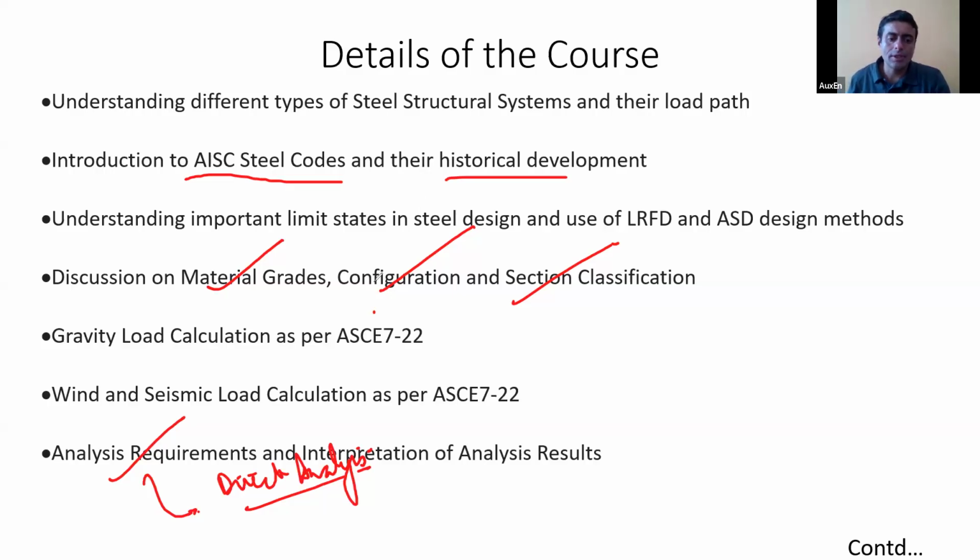So all that comes under the direct analysis. So we'll be seeing this also. And it's quite interesting if you read the commentary for direct analysis given in the AISC 360. It's quite interesting, and you will get to know a lot of things which are, I think, missing in IS 800.